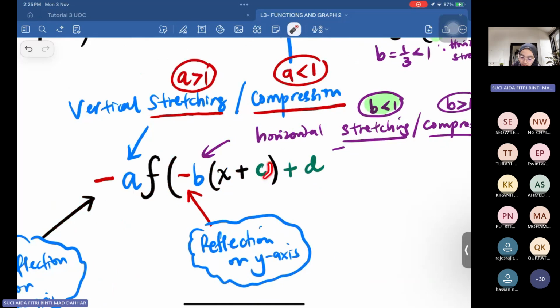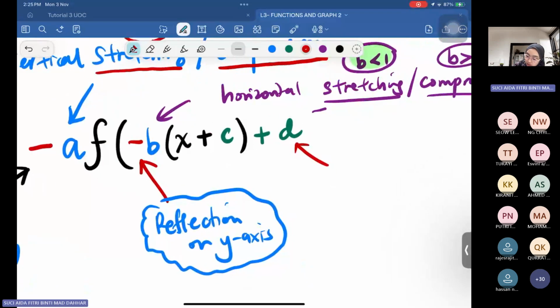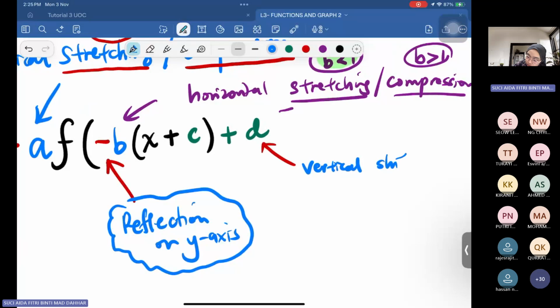Now, adding a constant to x and adding a constant to your y at the back. Okay, what does this do? So let's do the y first. Adding by d has something to do with vertical shift.